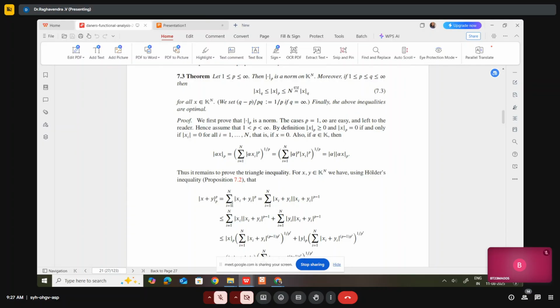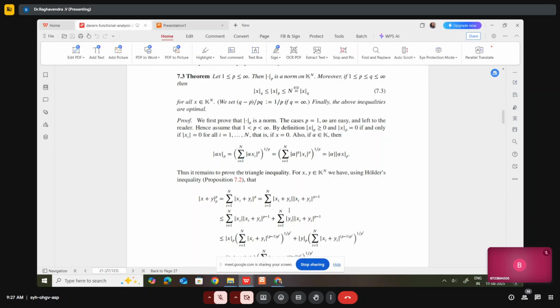Now what you do is you write this mod xi plus yi raised to p as mod xi plus yi into mod xi plus yi raised to p minus 1. We have taken one power out, so it becomes p minus 1. Why are we doing this circus? We are doing this because we want to use Holder's inequality.